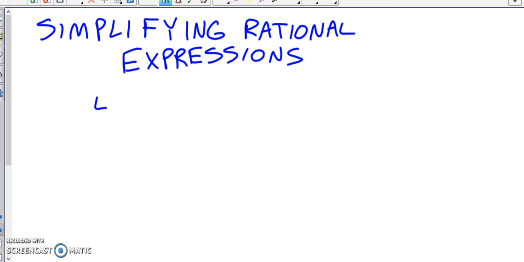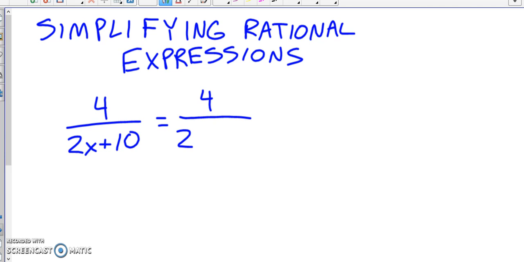So if I'm doing 4 divided by 2x plus 10, essentially what I can do is say, okay, this is 4 over, and then there's a common factor of 2, and then this is x plus 5, and then I can simplify the 4 and the 2 to become 2 over x plus 5.